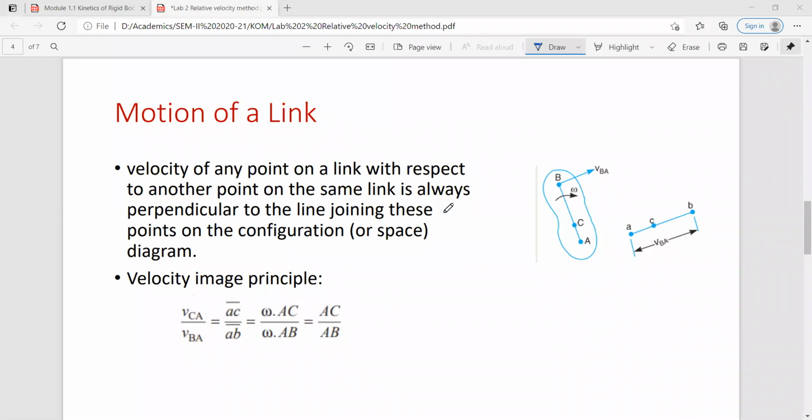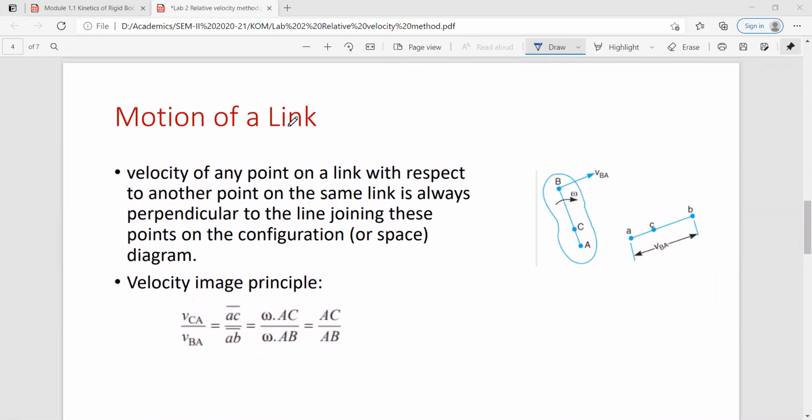Okay, so let us go to the next point: motion of a link. It is also very important to understand this concept. Now see here, it is one link. On this particular link, I have selected any two points. One point is B and one point is A, and I have joined them with a line like this.